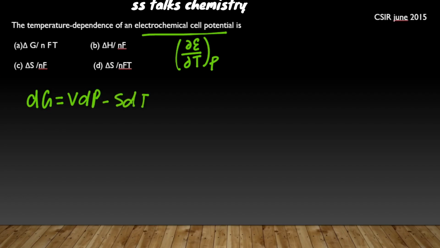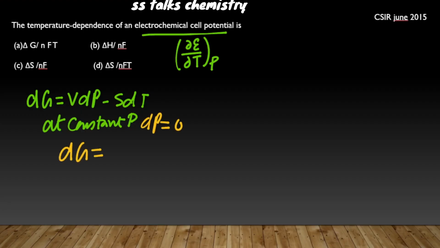Again from the Maxwell relations only this expression has been obtained. Now if I'm talking at constant pressure, in that case dP will be 0, which means dG is minus S into dT, or we can say del G by del T.